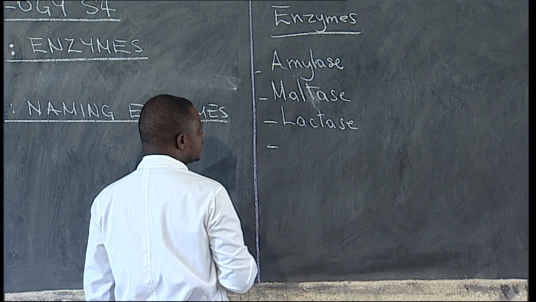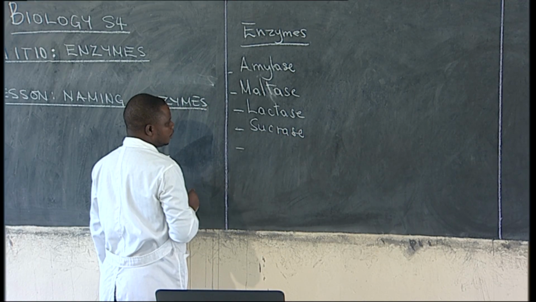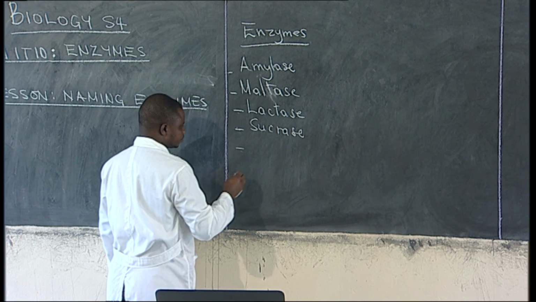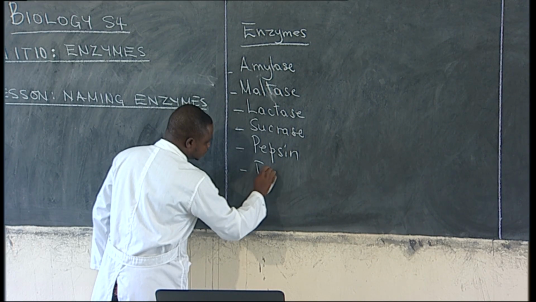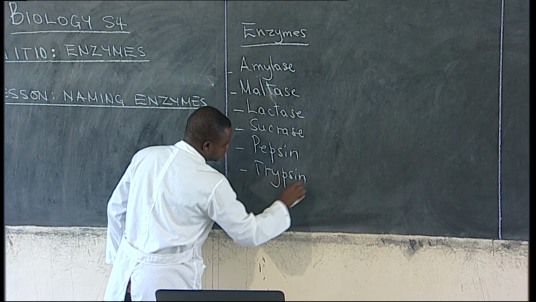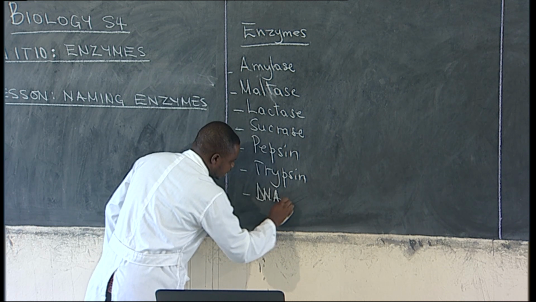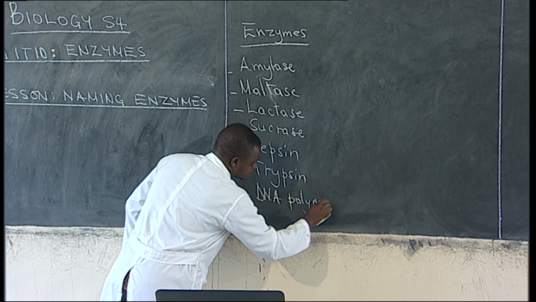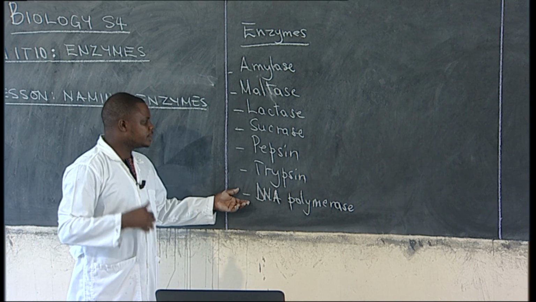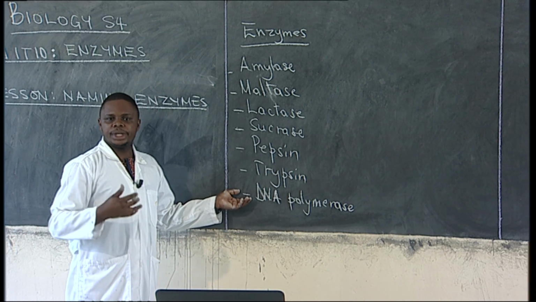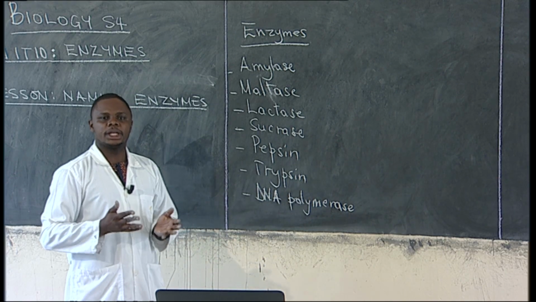We can have enzyme sucrase. Then we have enzyme pepsin. We can have trypsin. And we can have DNA polymerase, and so on. These are examples of enzymes which are commonly found in our body, and they perform different functions.